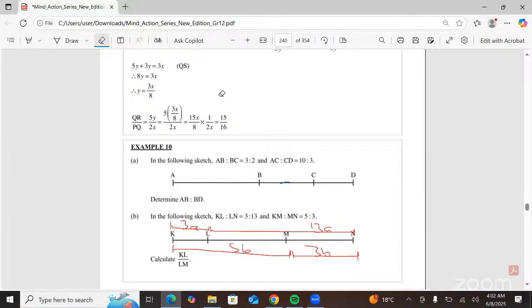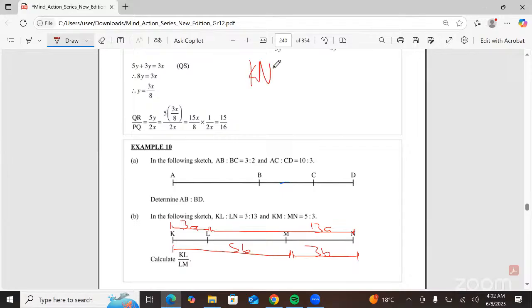Oh, yes, you're not wrong. Now you are thinking like a mathematician. You're saying KN is equal to KN, right? Yes, sir. Which is 3a plus 18a is equal to 5b plus 3b.